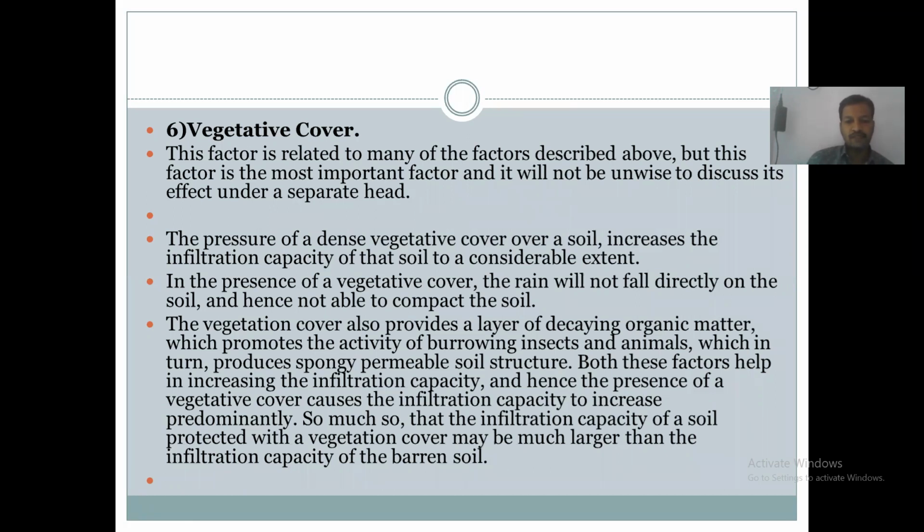So the soil will not absorb the water directly. Initially the water falls onto that vegetative cover. Therefore this also leads to an increase in the infiltration capacity.